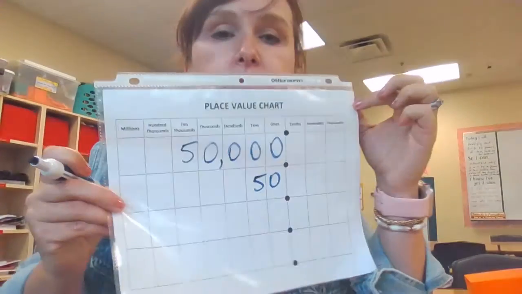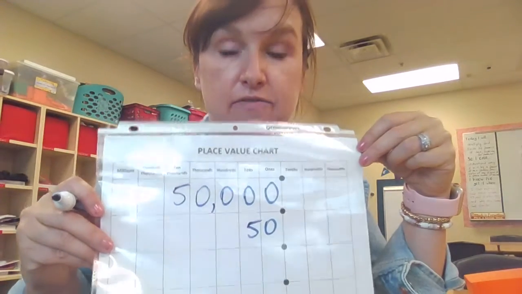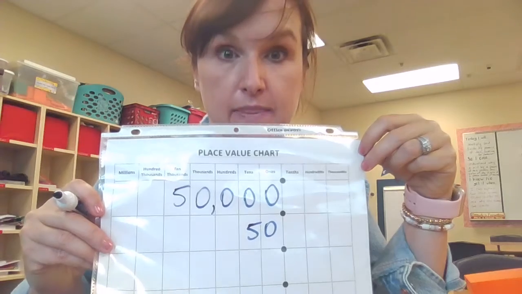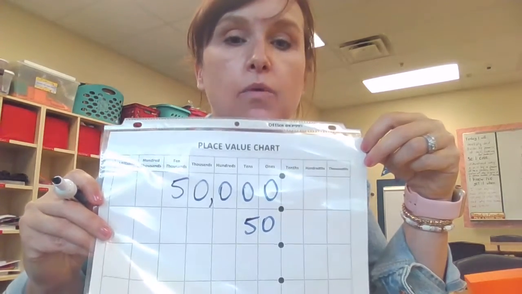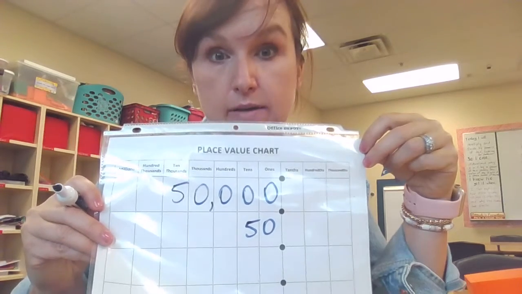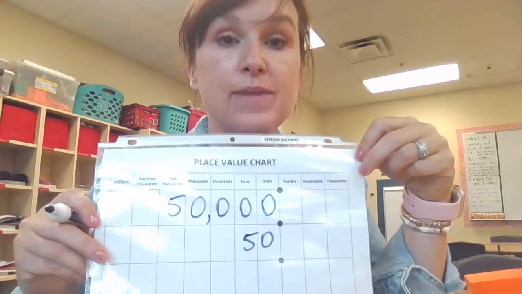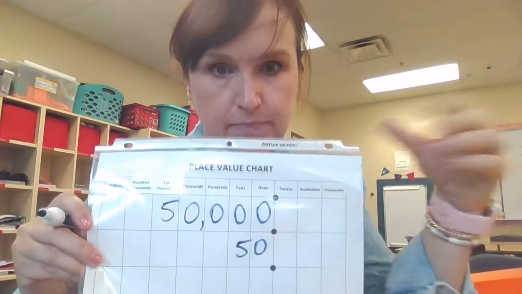I want to know how much bigger 50,000 is than 50. Now, you're going to know that these two are related and that they're some power of 10 bigger than each other because we have a 5 and a 0 on the bottom, and on the top we have a 5 and just more zeros. So that means it's times 10 or times 1,000 or something like that, okay?